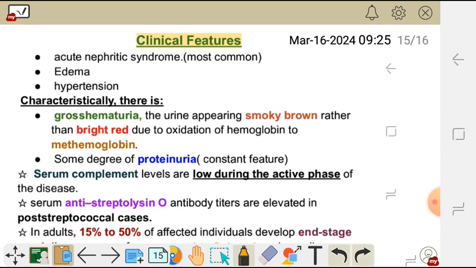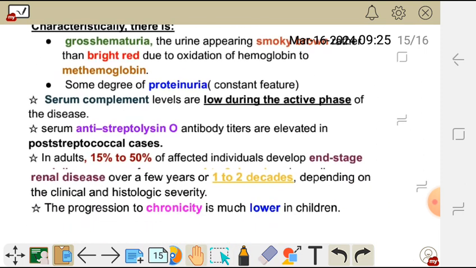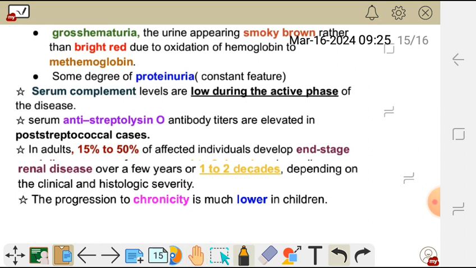Okay, and in mostly 15 to 50% of affected individuals develop what we call end-stage renal disease. So about 50% of most affected individuals will develop an end-stage renal disease, which results in renal failure.